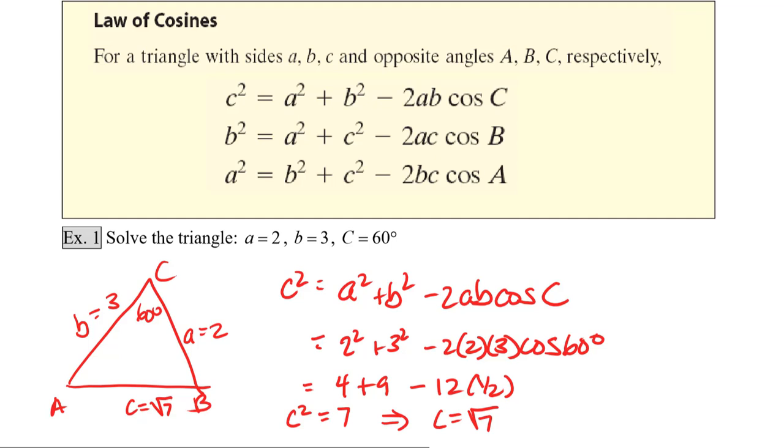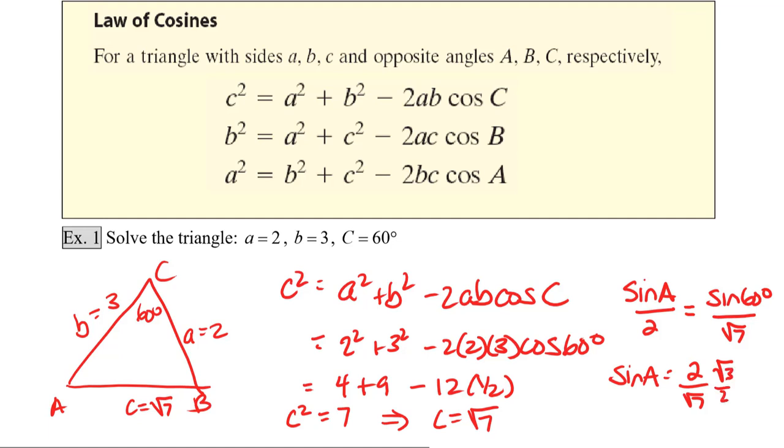So since the smallest side is A, I'm going to say sine of A over 2 is equal to sine of 60 over the square root of 7, which means the sine of A is equal to 2 over the square root of 7 times the sine of 60 degrees, which is the square root of 3 over 2.